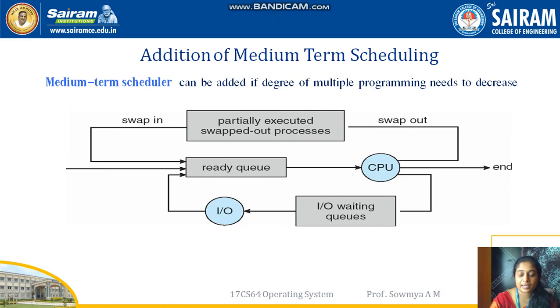In short term scheduling, more time is wasted shifting from one process to another process. So medium term scheduler is introduced. In the medium term scheduler, multiple programs need to execute based on a degree of time added.